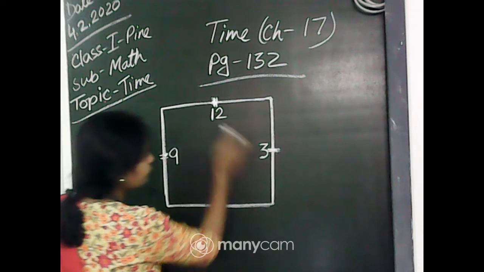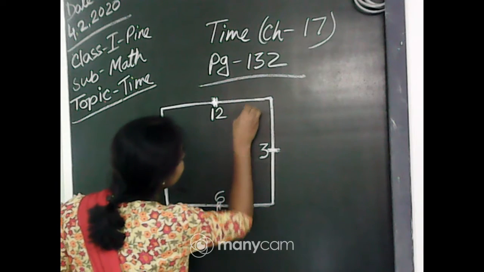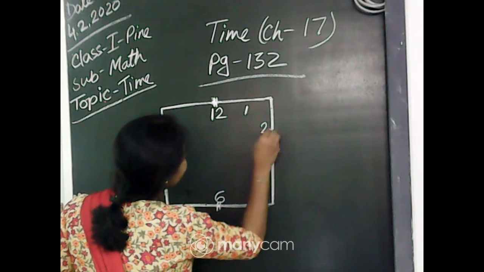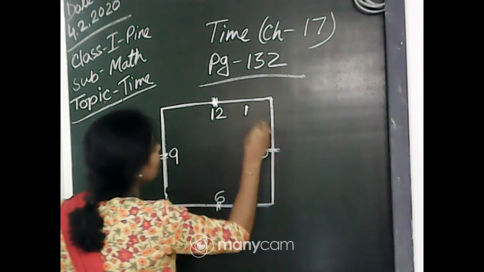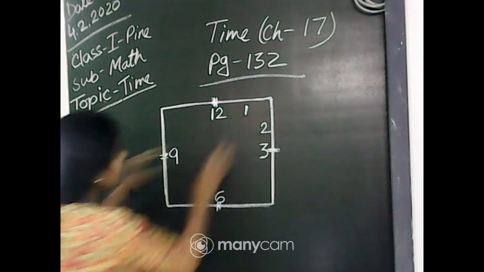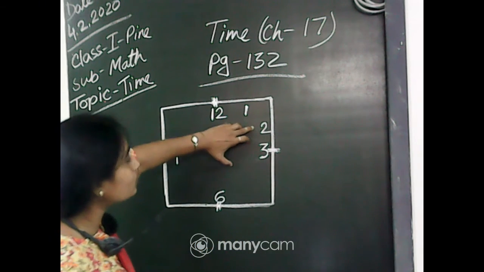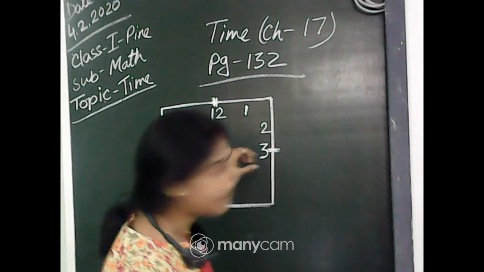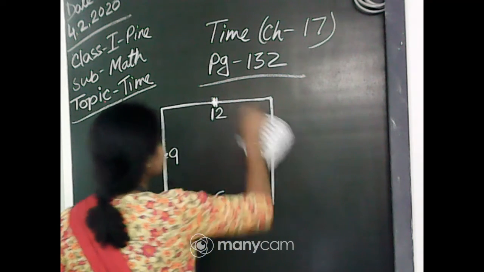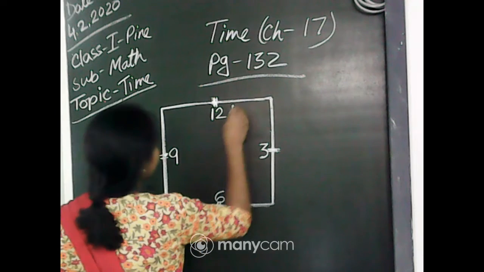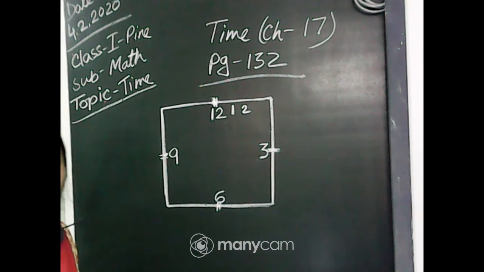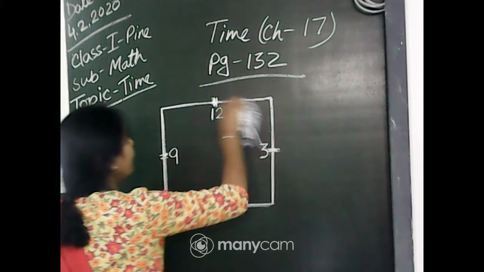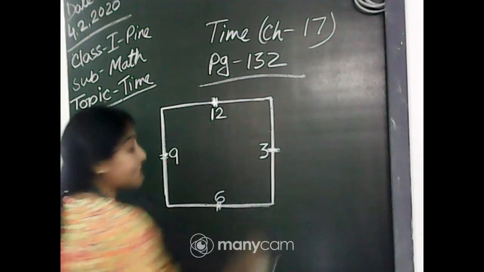And in the middle of 12 and 3, write in the same gap. You have to maintain the proper distance. Here 12 and 1, and 1 and 2, and 2 and 3. The gap should be the same. If you write 1 here and 2 here unevenly, this is not a proper clock. So you have to maintain the proper distance.